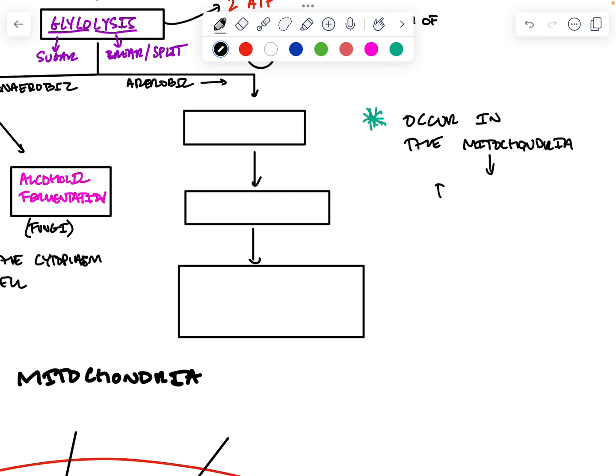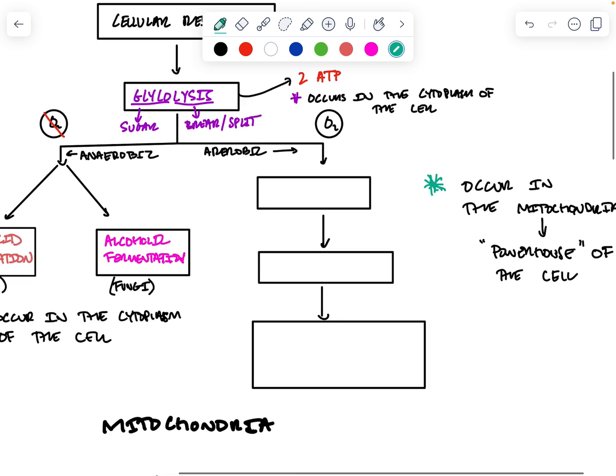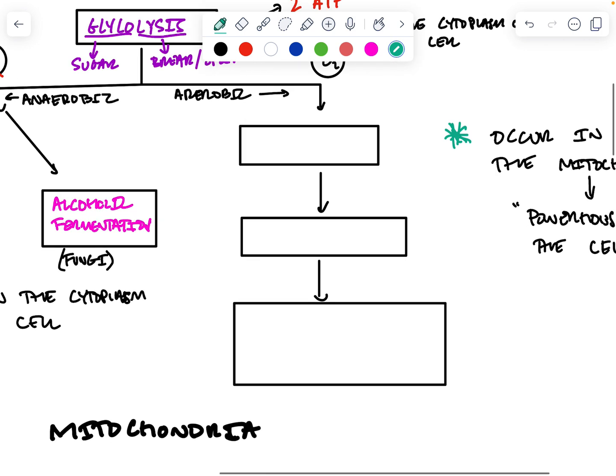The powerhouse of the cell. And it's called the powerhouse of the cell because if cellular respiration occurs in this pathway, we're going to produce so much more ATP.